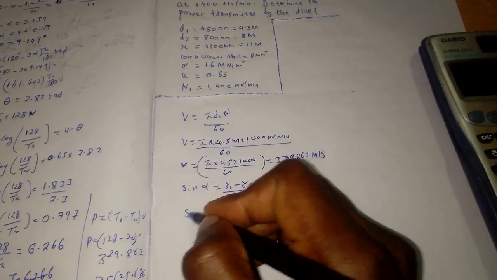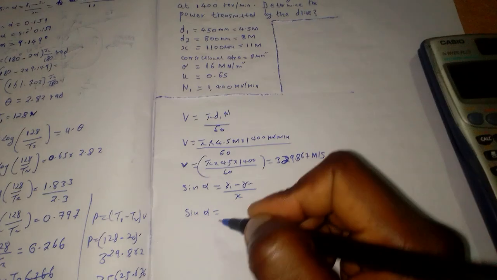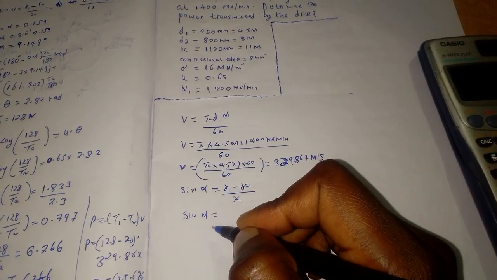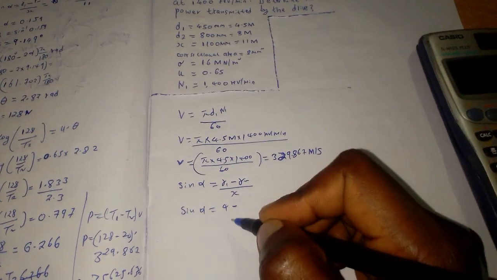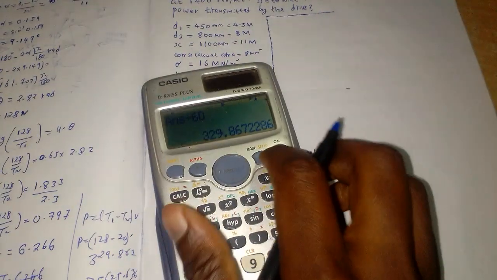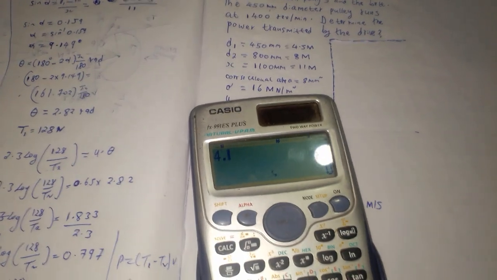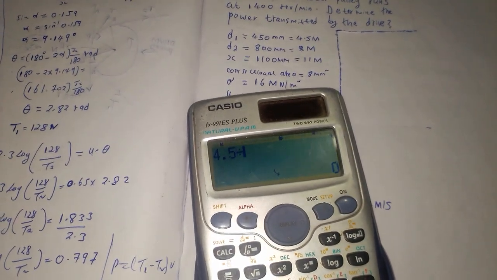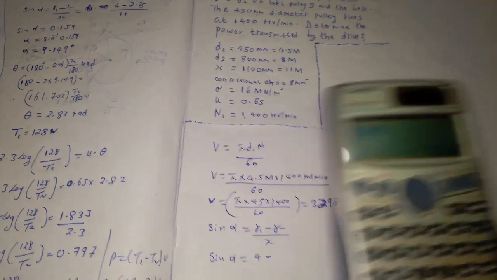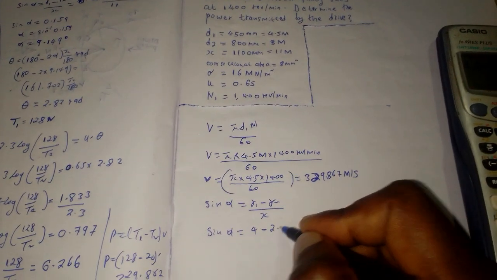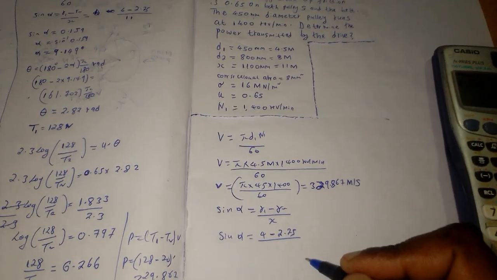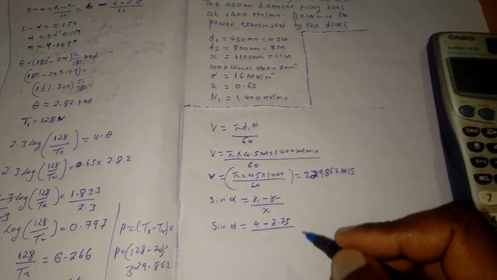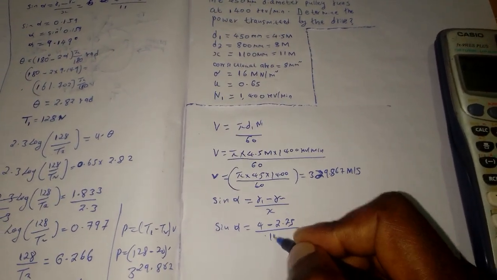So r1 is 0.4 meters minus r2, which is 0.225, divided by the distance between the pulleys, which is 1.1 meters.